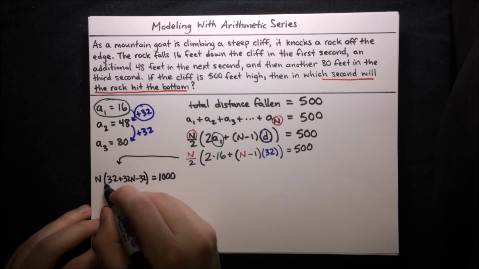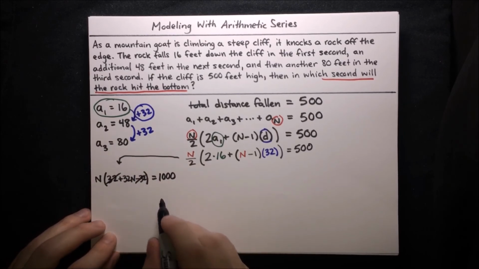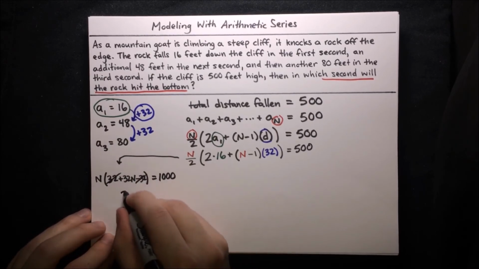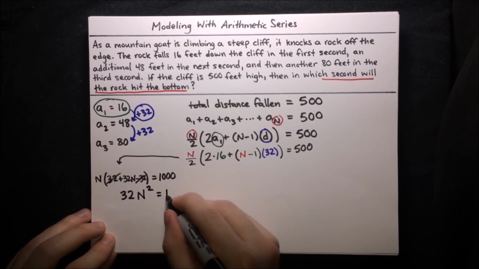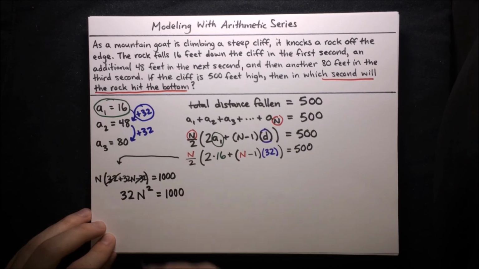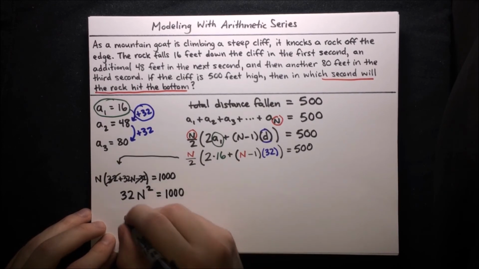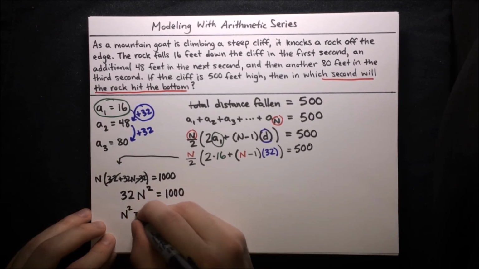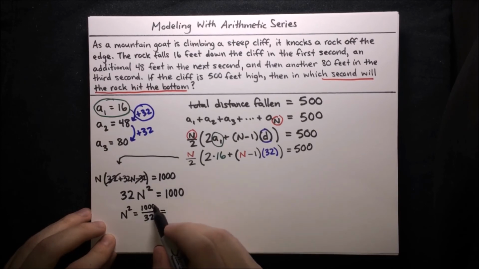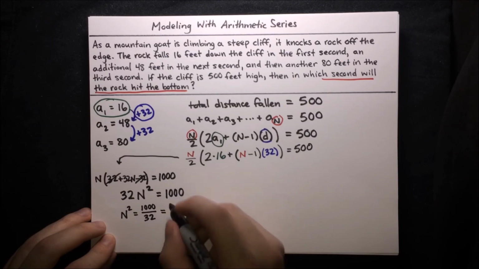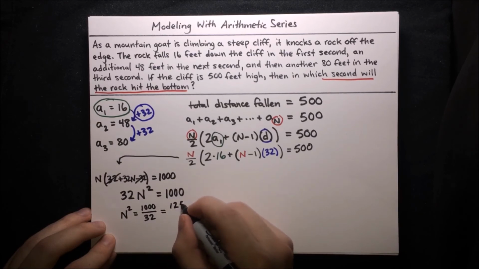So 32 and minus 32 will cancel out, and when we multiply by the n, we just get 32n squared is equal to 1,000. So dividing both sides by 32, we have that n squared is equal to 1,000 over 32, which can be simplified a bit. 1,000 and 32 are both divisible by 8. 1,000 divided by 8 is 125. 32 divided by 8 is 4.